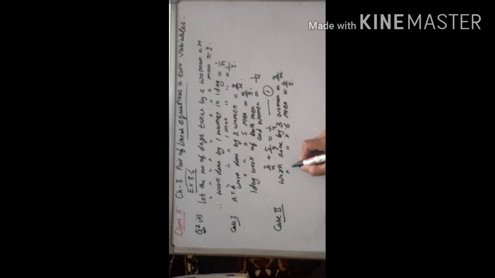Now they complete the work in 3 days. 1 day work of both men and women is equal to 1 by 3. Now the next equation is 3 by x plus 6 by y is equal to 1 by 3. This is our second equation.